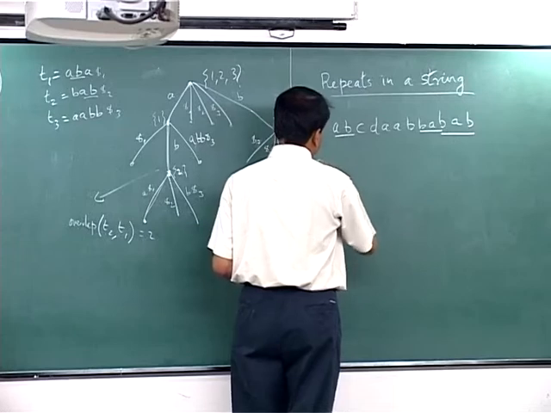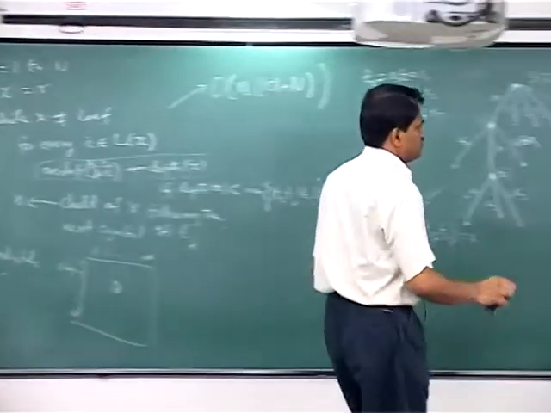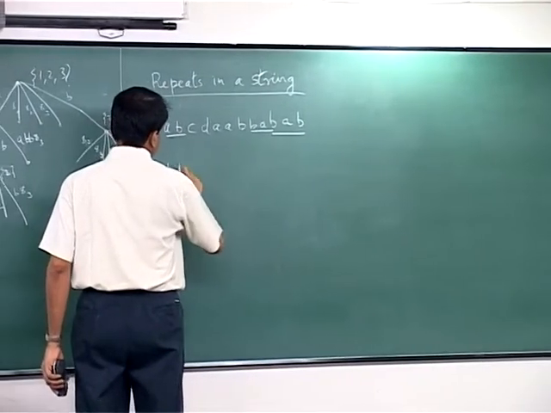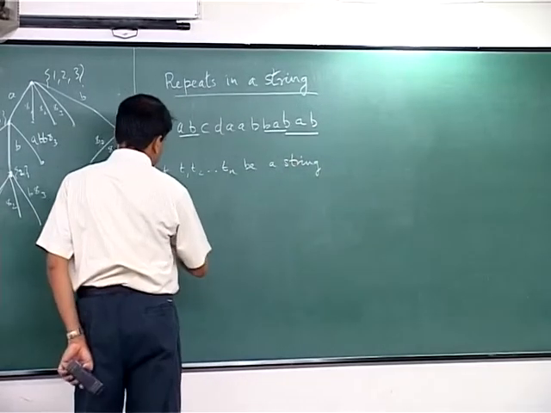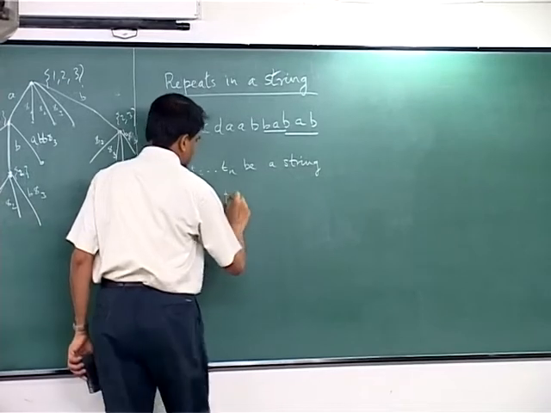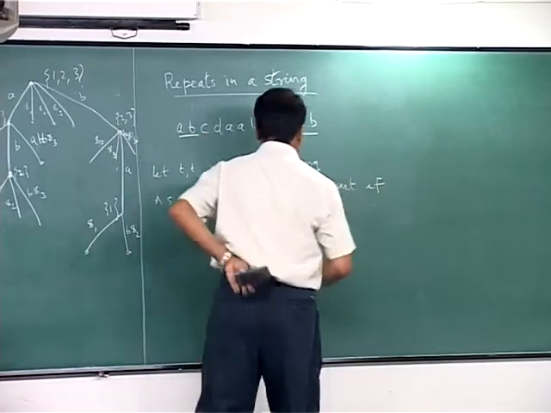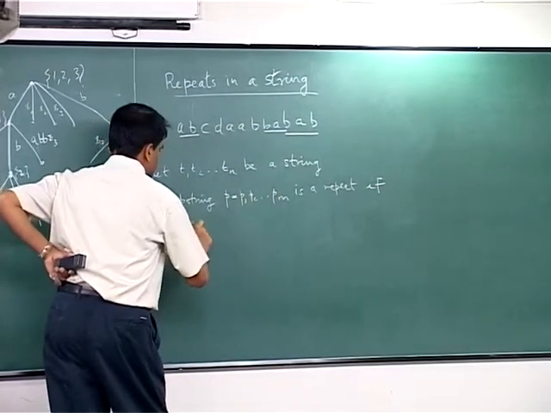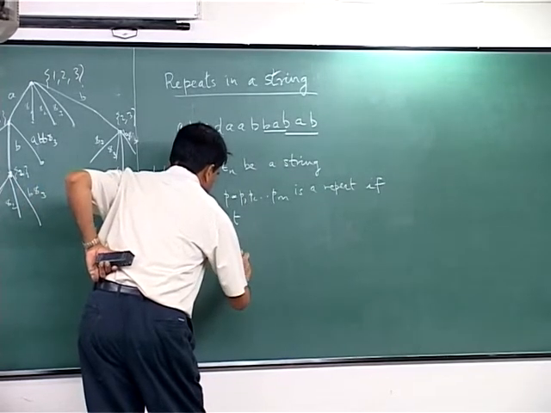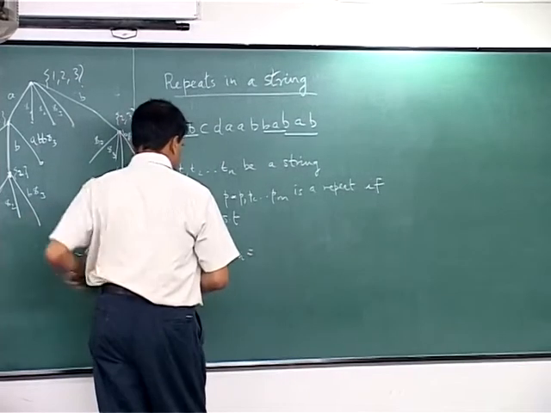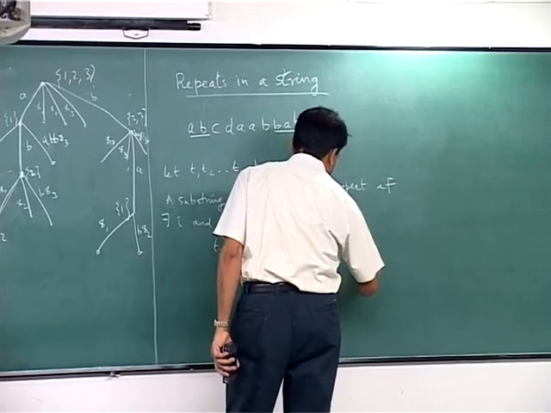So let me formally define what is a repeat. If there exist i and j such that t(i+1) to t(i+m) equal to p1 p2 ... pm, which is actually equal to t(j+1) to t(j+m).